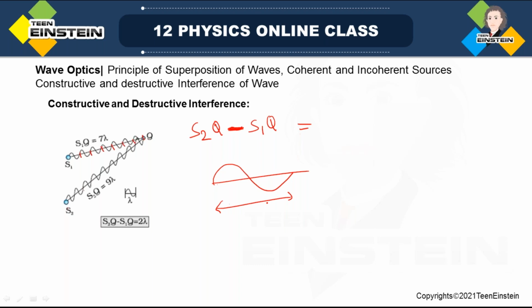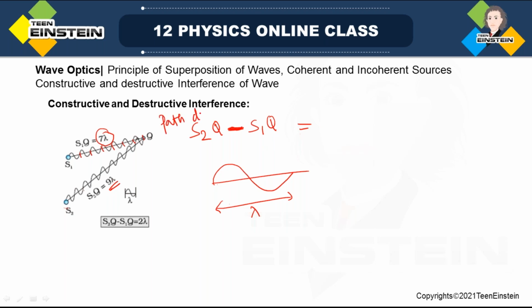A full cycle has a length lambda. This is called wavelength. So the wave produced by S1 reaches here after completing 7 complete cycles, whereas the wave produced by S2 meets here at Q after completing 9 complete oscillations. So you will get the path difference here.